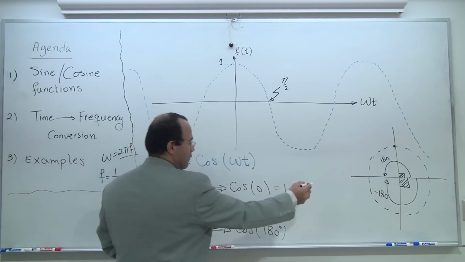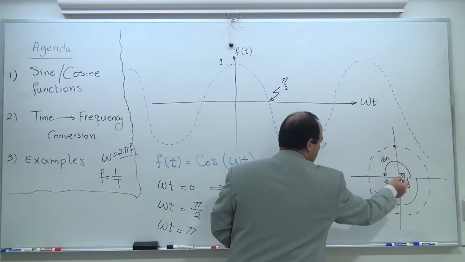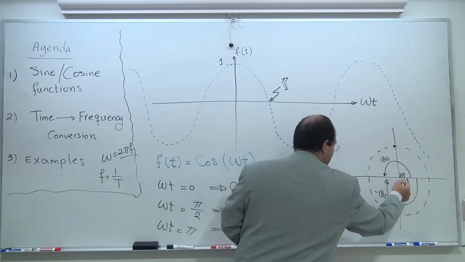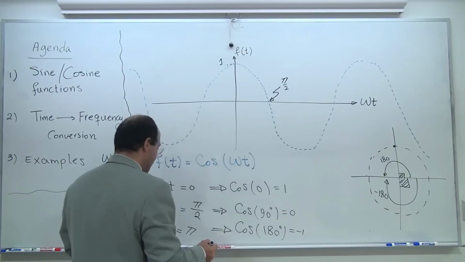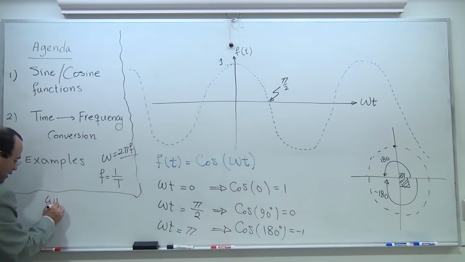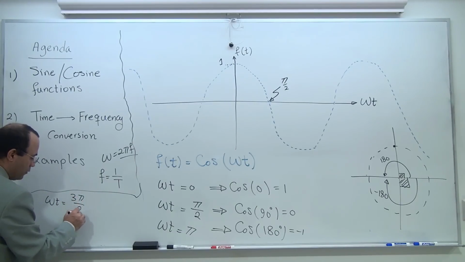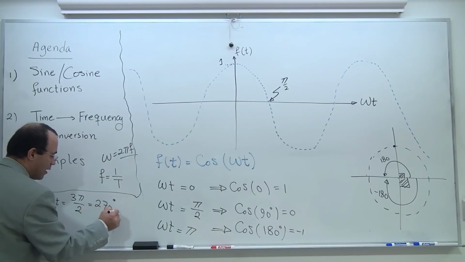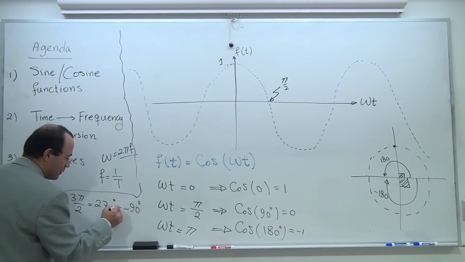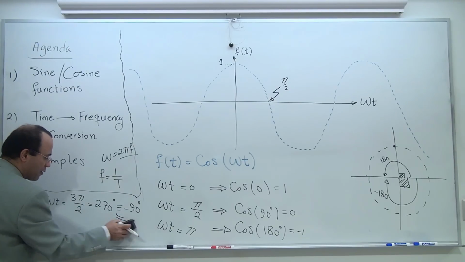Cosine of 180 degrees: this is plus 1, minus 1, 0. This is the representative of cosine, 0 again. So this case is going to be minus 1. And then if omega t is equal to 3 pi divided by 2, 3 times 90 degrees, 270 degrees, or minus 90 degrees, I say this is equivalent, not the same as the equal sign.